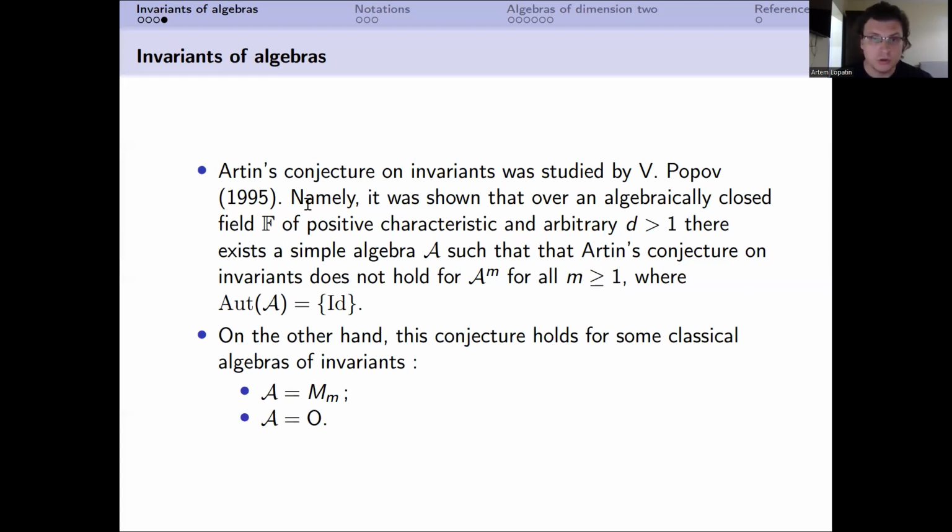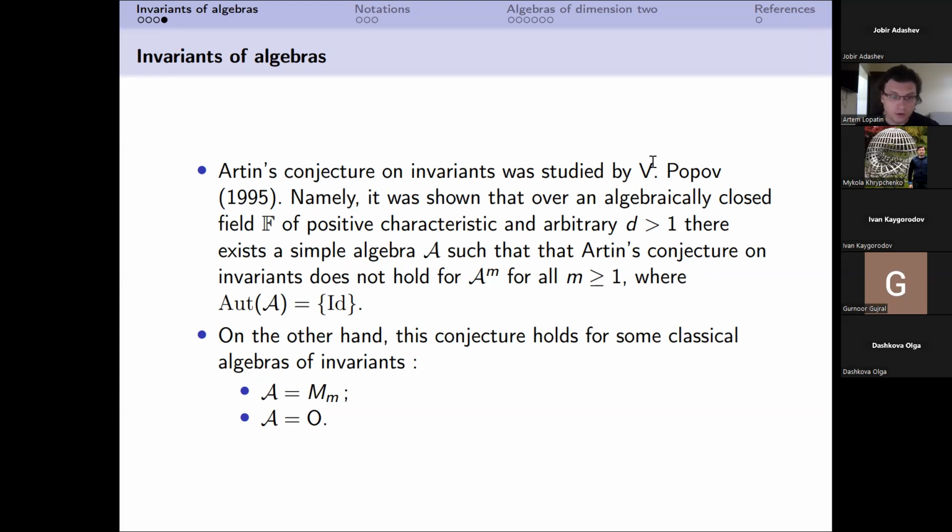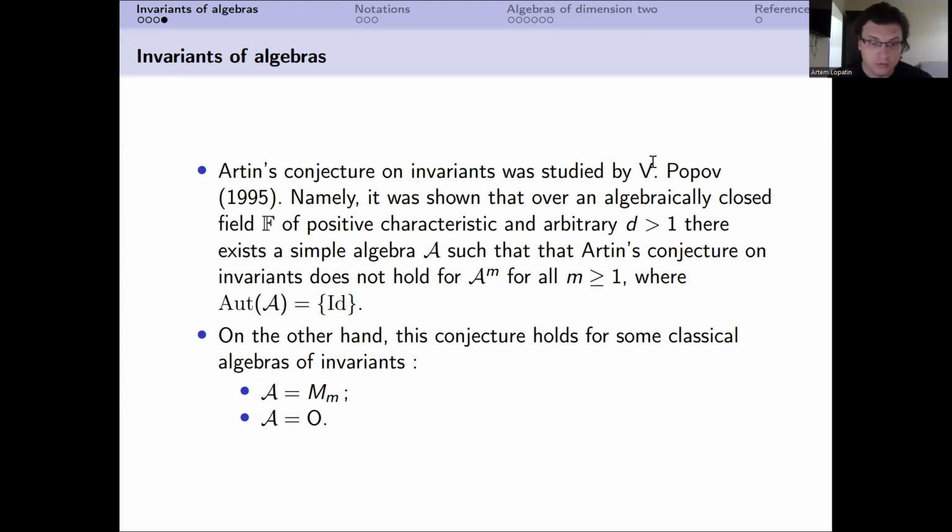This conjecture was originally formulated and made public by Popov in connection with non-associative algebras. Originally, of course, this conjecture was formulated for the simple associative algebra, which is the algebra of matrices. In the case of matrices and the group of conjugation, we can think of it as invertible matrices.